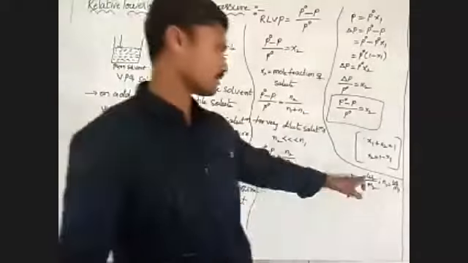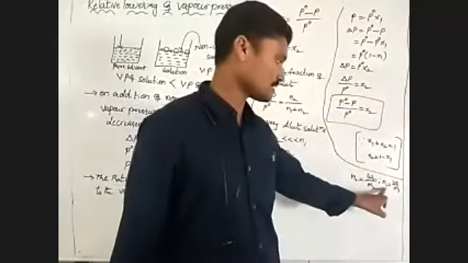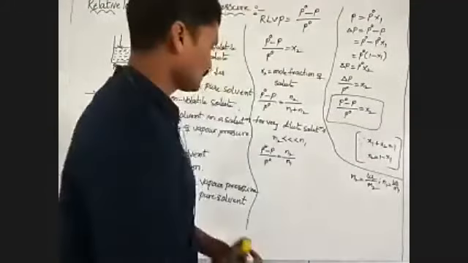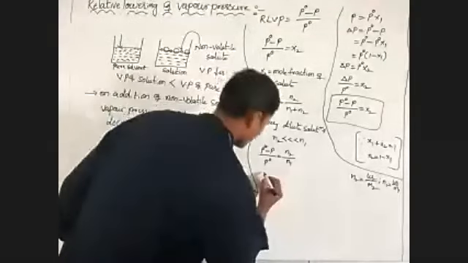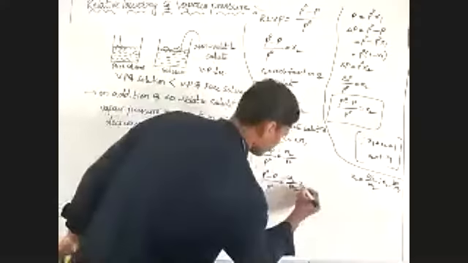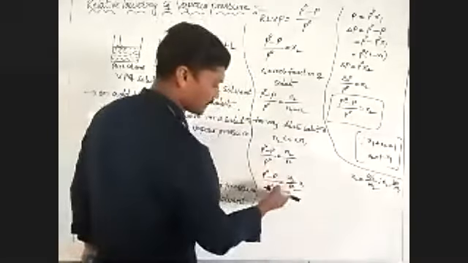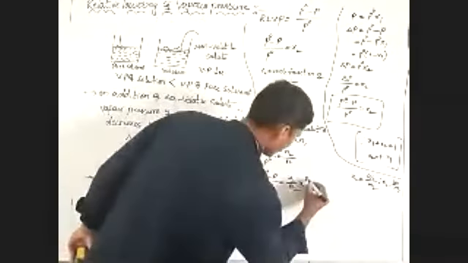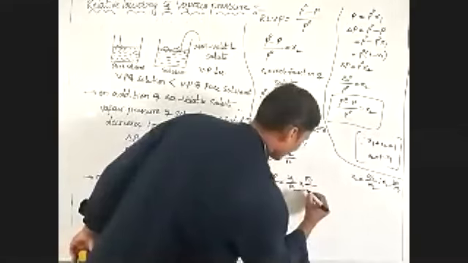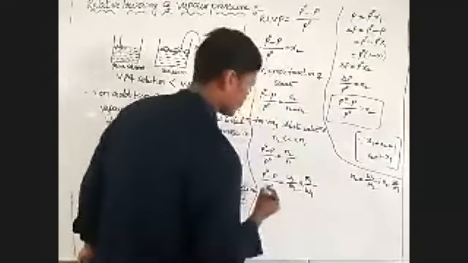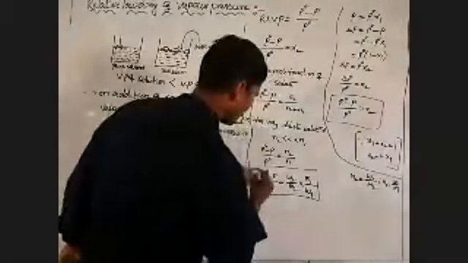Finally, P naught minus P by P naught is equal to W2 by M2 into M1 by W1. This is a relative lowering of vapor pressure.